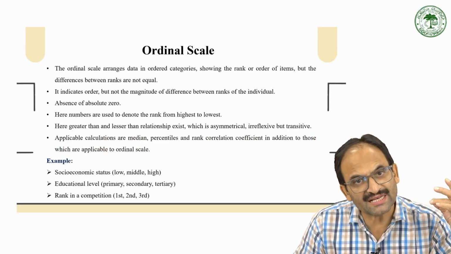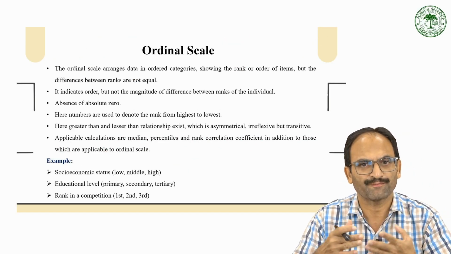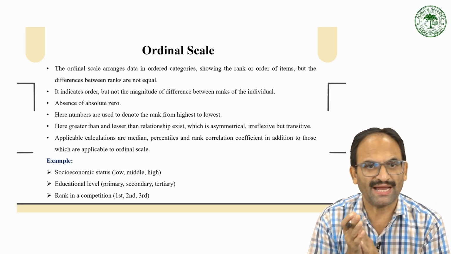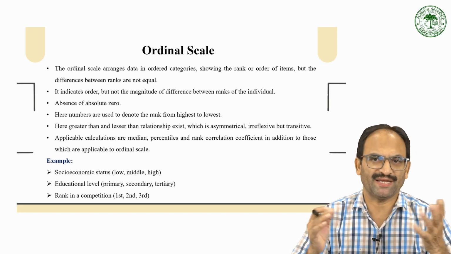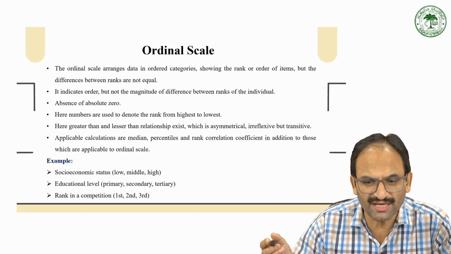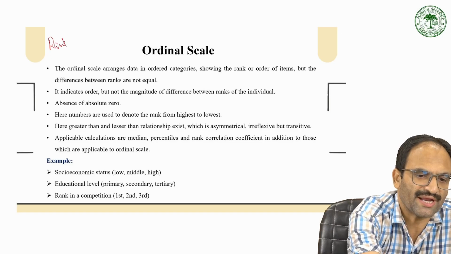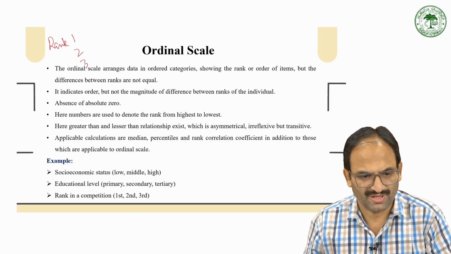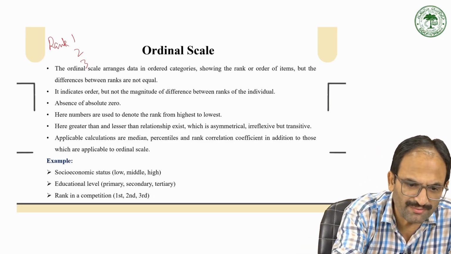But there is another scale which is different from the nominal scale, and that is the ordinal scale. Let me explain. What is ordinal scale? Ranks that you get: rank 1, 2 and 3. How has rank been obtained?